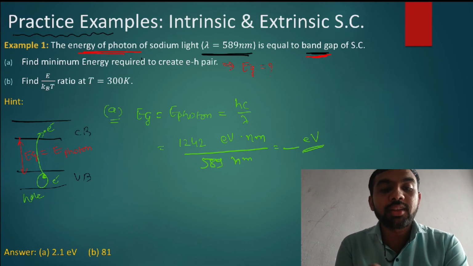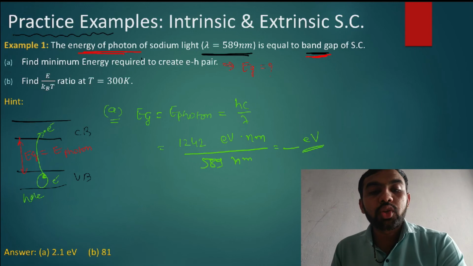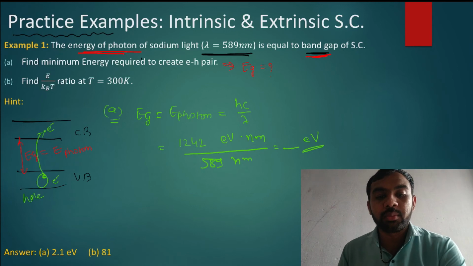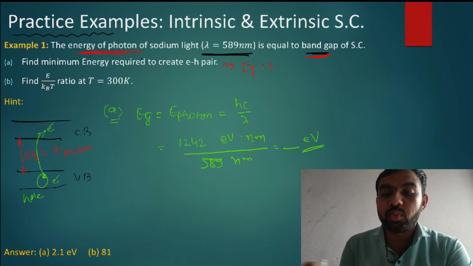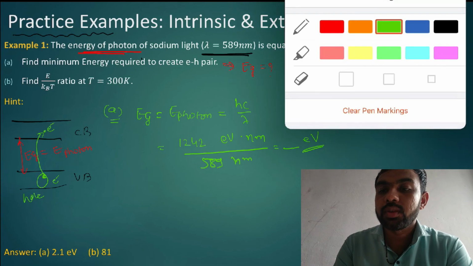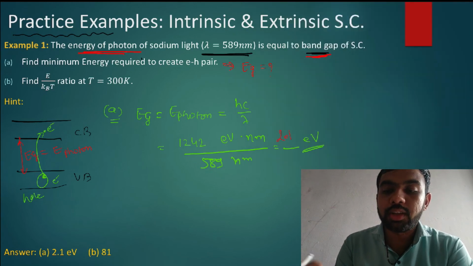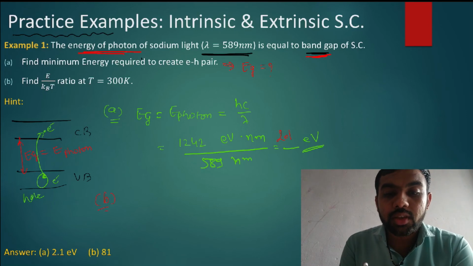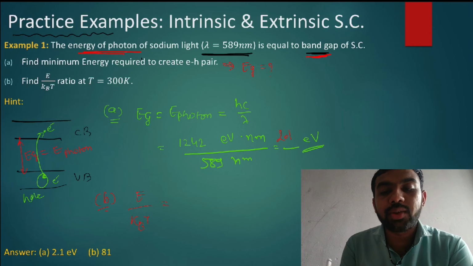Second case: find the E upon kBT ratio at T equal to 300 Kelvin temperature. Here see, the answer is also given, 2.1 eV. After calculating, what do you get here? 2.1. Let's find the second one. E upon kBT, you just put the value directly.